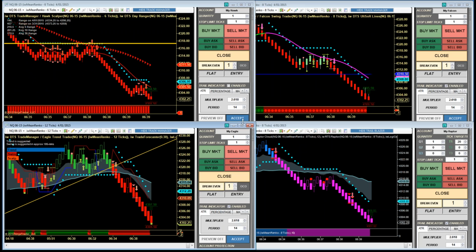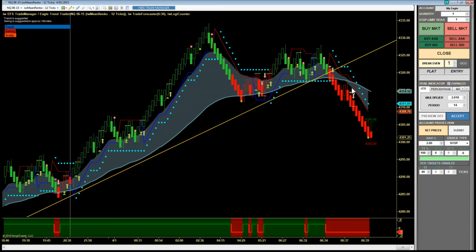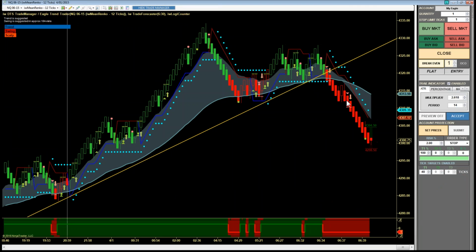And we did get comparable signals across the board here. Here was our first trend change signal in the Eagle. Now this is one that you can have a little bit more confidence in because we did break the trend line. We did see a test of the extreme and a failure. This test of the extreme is very important.